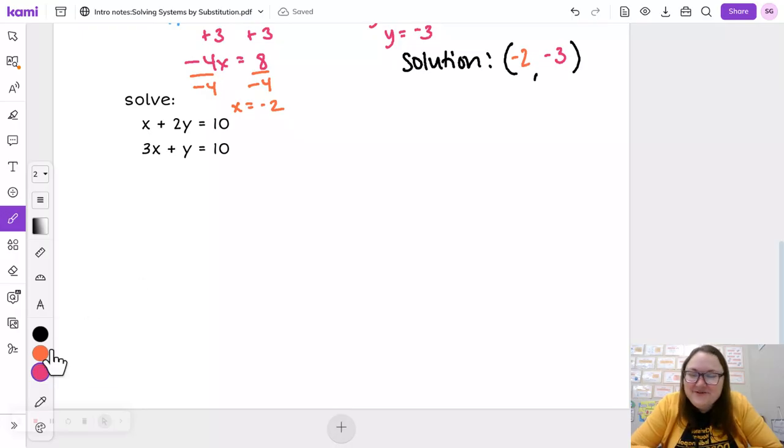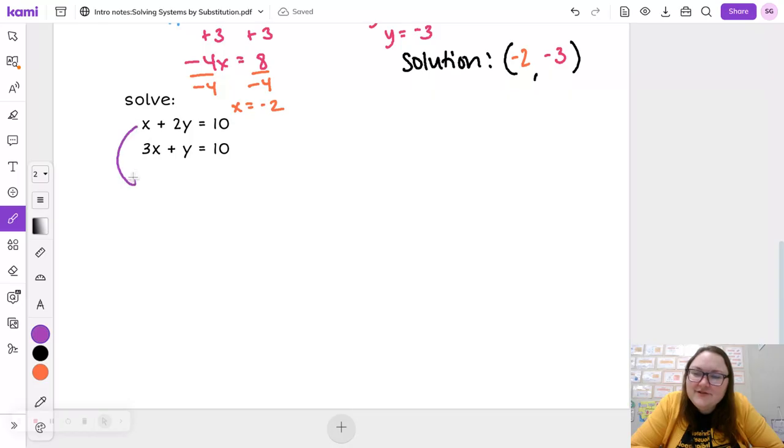Well, you know how to solve an equation for a specific variable, so you could take either of these equations and solve for one of the variables. My advice, I could take the first equation, and solving for x looks a little easier because x is already by itself, there's no number in front. Or I could take the second equation and solve for y, the same idea, y is already by itself.